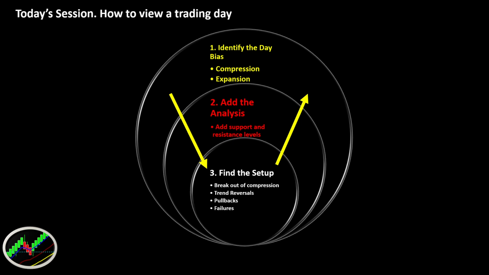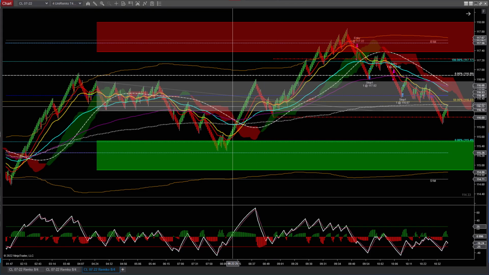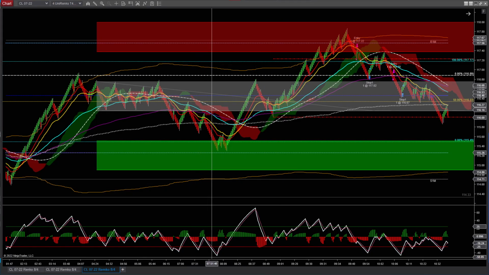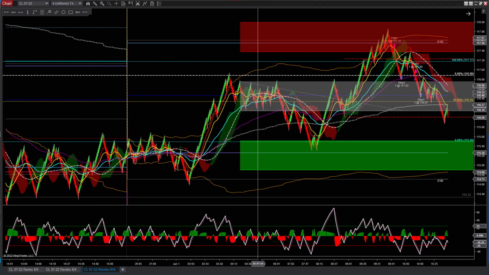So it should be at support or resistance for you to buy or sell, and then that should be in the right market conditions. In this case, in crude, that is going to be compression. So let's analyze what compression is, and let me show you a little bit.